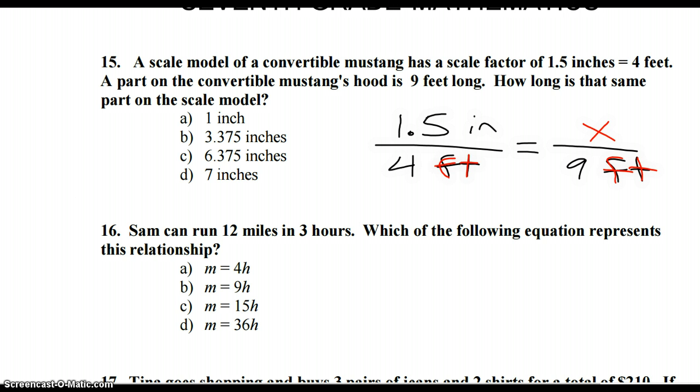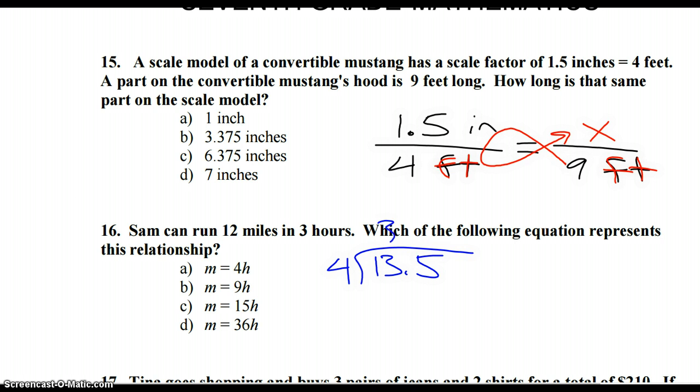Lots of different ways to set ratios up, but here again you can do your cross multiplication division or the fish method. You can take 9 times 1.5 divided by 4, which will give you that. So 9 times 1.5 gives me 13.5, and then we'll want to divide that by 4. So we do that real quick.